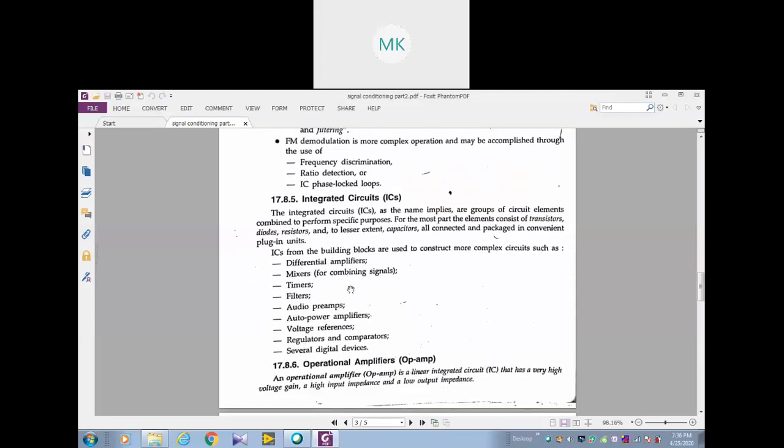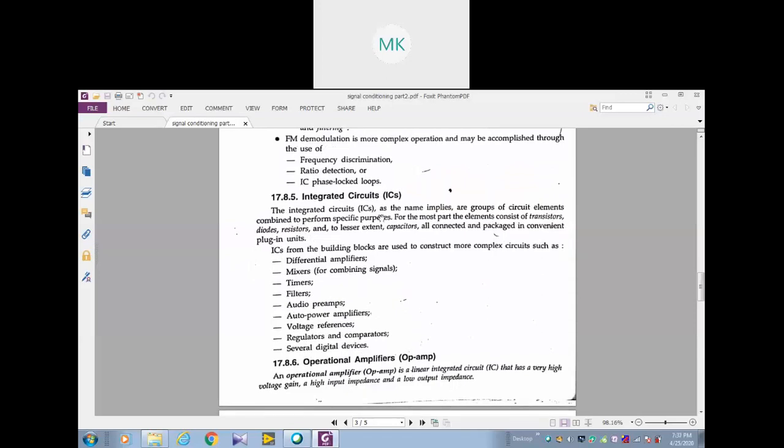Integrated circuits, ICs. You know what is an IC? Integrated ICs or chips. In the integrated ICs, all the components are integrated in a single silicon die. Only pins are coming outside. The integrated circuits, as the name implies, are a group of circuit elements combined to perform a specific purpose.